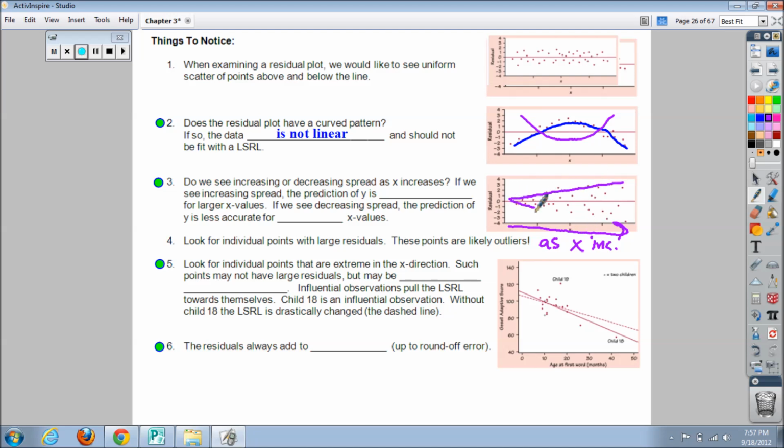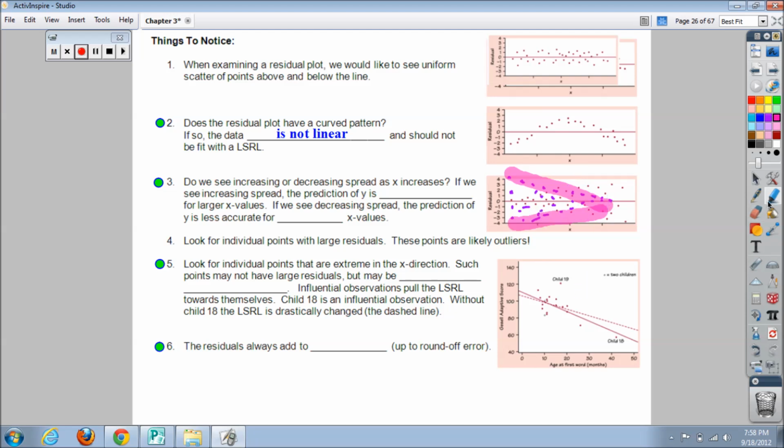You kind of see this fanning pattern, where almost like here this looks like a less than sign. You could also see it the other way around, where maybe at first you have very large residuals, but as x gets bigger and bigger, the residuals get smaller and smaller. So it almost looks more like a greater than sign in the end.